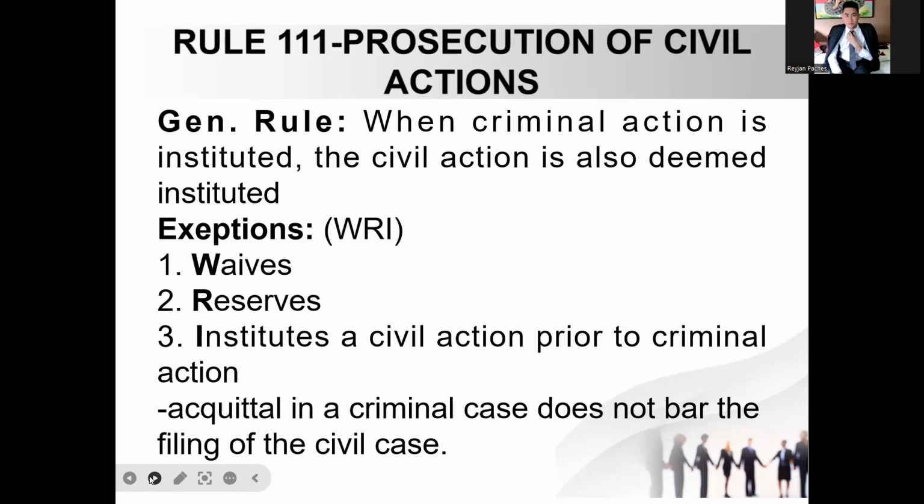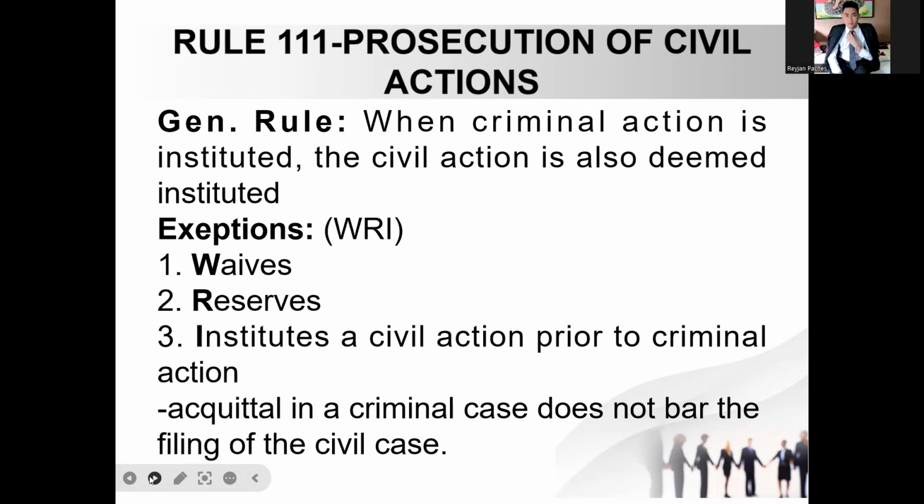Ibig sabihin, nanalo ka ng criminal case, pwede ka pa rin sampahan ng civil case para sa mga danyos na incurred mo. Again, general rule, when a person is criminally liable, he is also civilly liable.